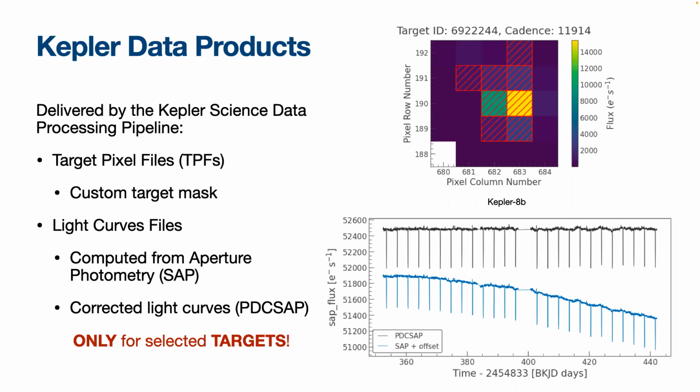From there, the Kepler pipeline computed photometry using aperture photometry with custom apertures selected around the targets, and then provided the community with light curve files.